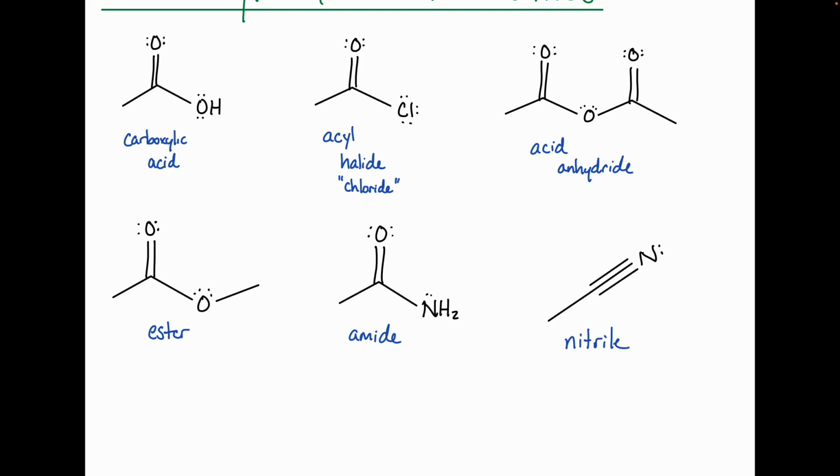If we replace that with a halogen, that's an acyl halide. We can replace it with a carboxylate group, that's an acid anhydride. If we have oxygen but with some carbons on the other side, that's an ester. And if we have a nitrogen in that position, that is an amide.